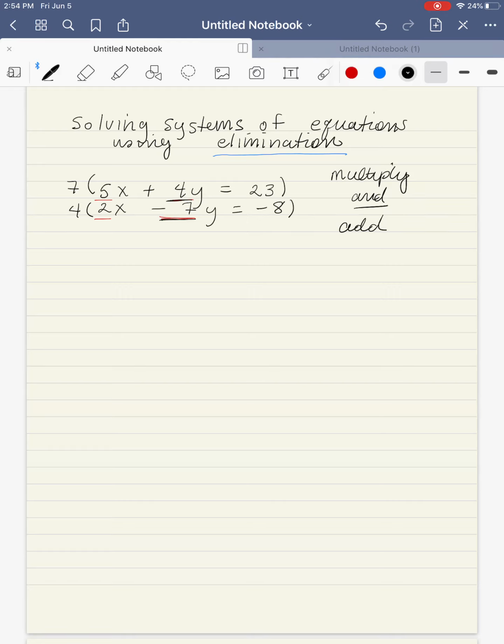So if I multiply through the entire equation by 7, 35x plus 28y equals 7 times 23. I'm going to go ahead and pull my calculator out for that one. 161. And then I'm going to multiply the second equation by 4.